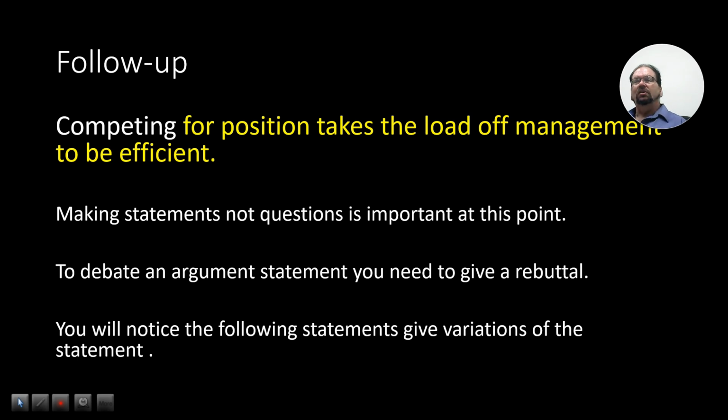And you will notice the following statements give variations of the statement. The idea is, in the book you have 3 different statements, and you have 3 all the way down. But they are the first 3, right? The first row is your initial statement. 3 different people making that statement, and if you have 5, make 2 more.